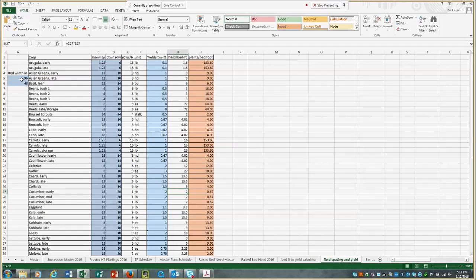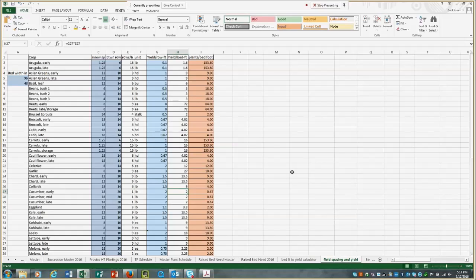It does complicate things a little bit, because then you have to think about, am I planting arugula in this size bed and then beans in this other size bed? But I still think, in general, you could figure out a way to make it work. You might have to think about it a little bit. I don't have a simple answer for you.